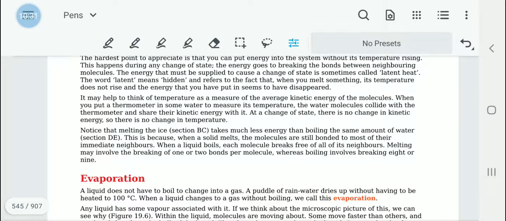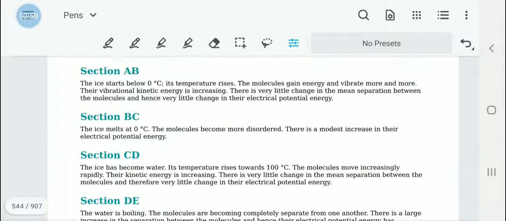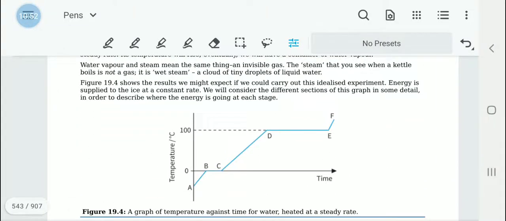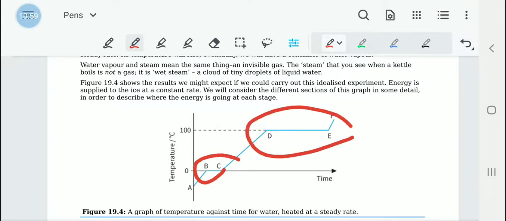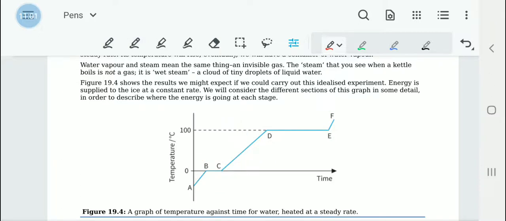In the first graph, section BC is melting ice, and section DE is the boiling. In the BC part, you can see that the energy content is much lesser than this. We need to figure out why.